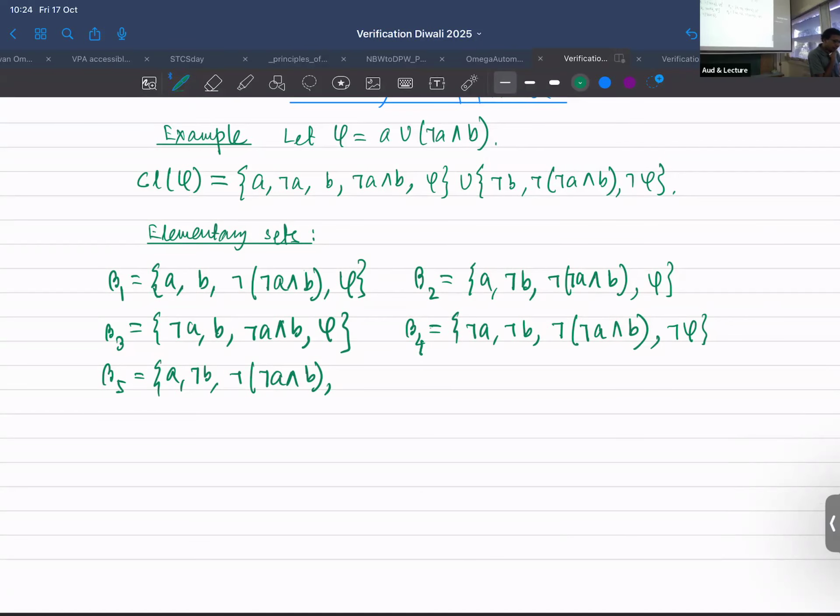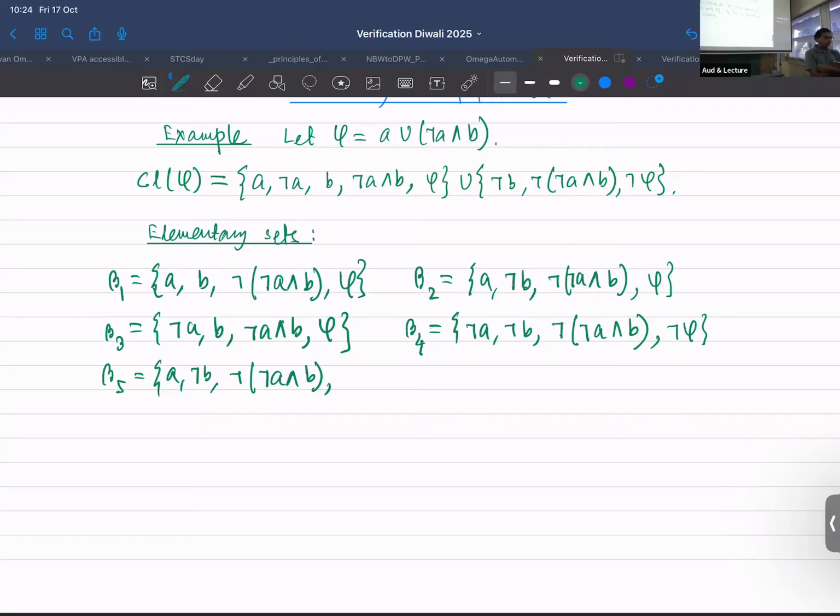That is same as, but I have not yet written the last thing. Now, what about if I write negation of phi? That can't hold, right? Because we know phi holds because of the first three things.